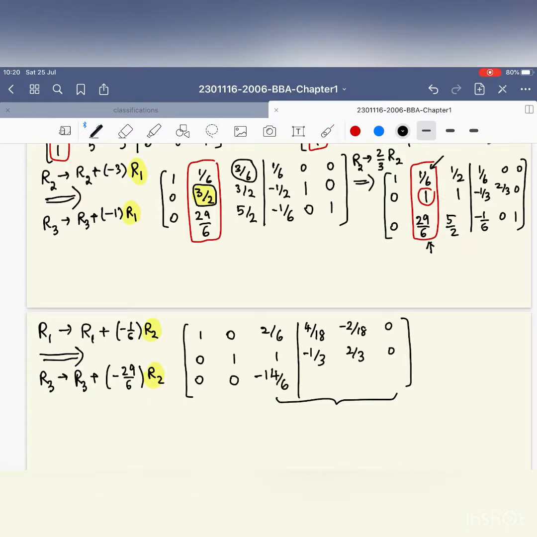Okay. And this one, with this one, the negative and negative becomes a what? 29 over 18, right? Positive. And you subtract this one, which is 3 over 18. So you have 26 over 18.